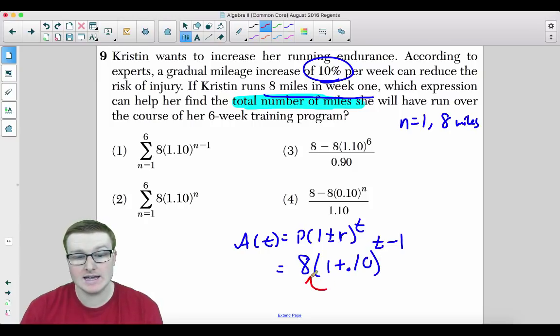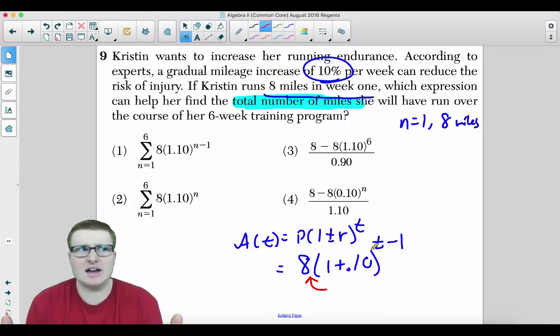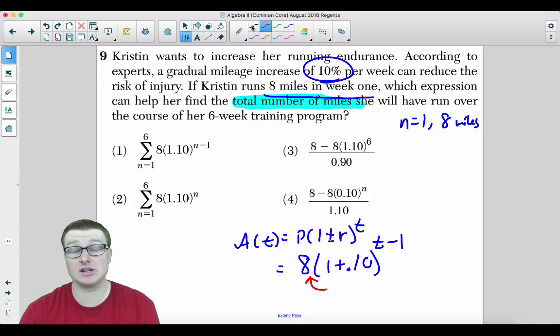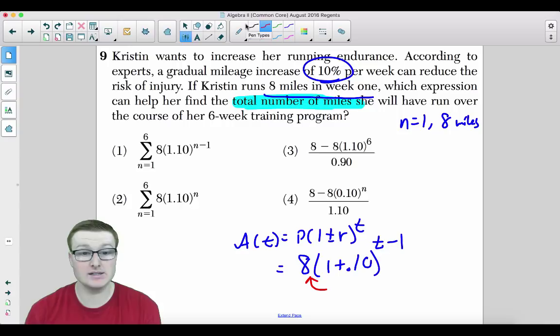The first week is 8 miles. If we just put the letter t, that means when time t equals 0, she already ran 8 miles. How does she run 8 miles if there's no time? Right? That doesn't make any sense. So you need to subtract 1 from it. And we're trying to find the summation from 1 week to 6 weeks. Your answer is choice 1.